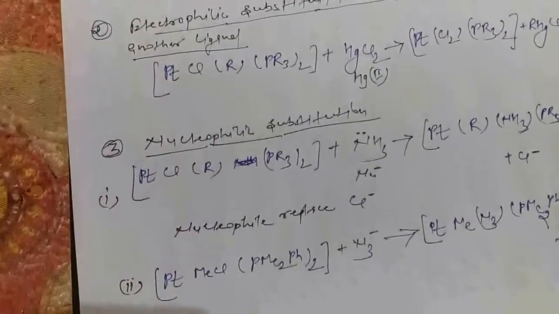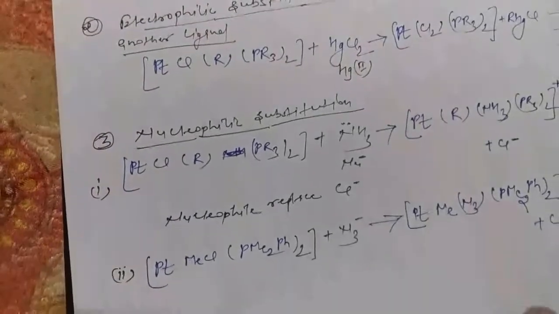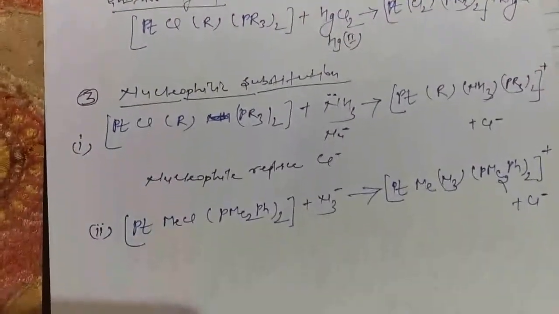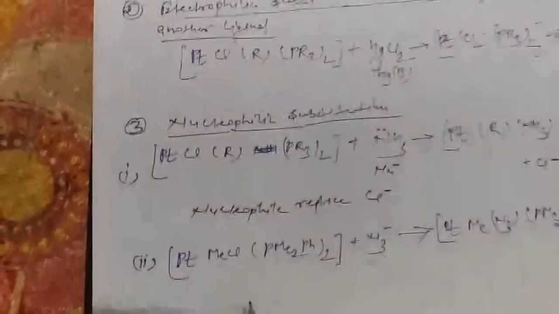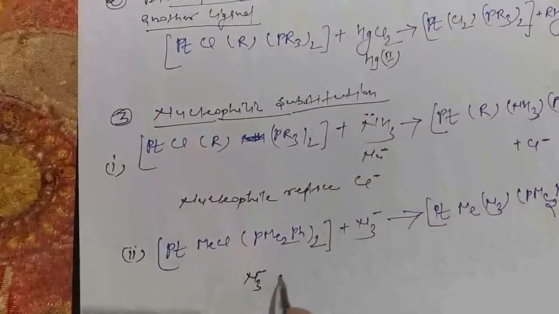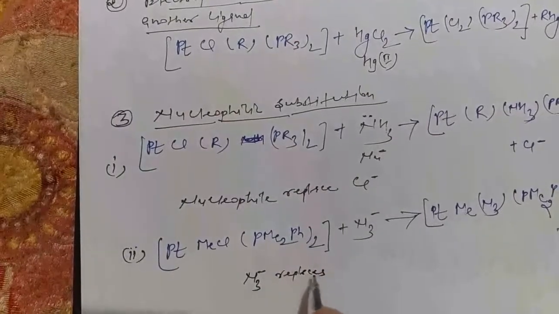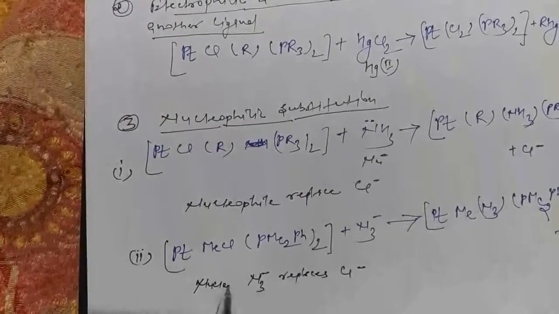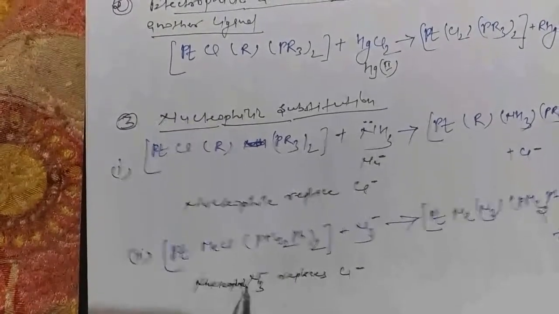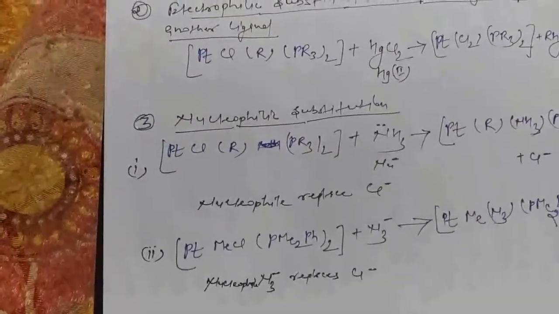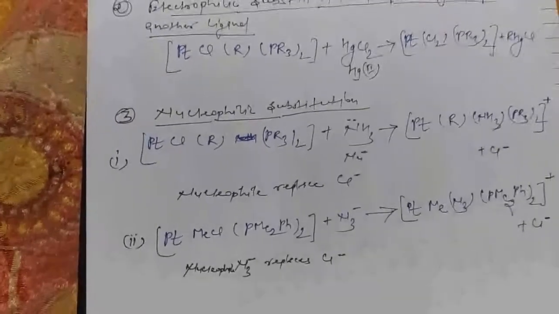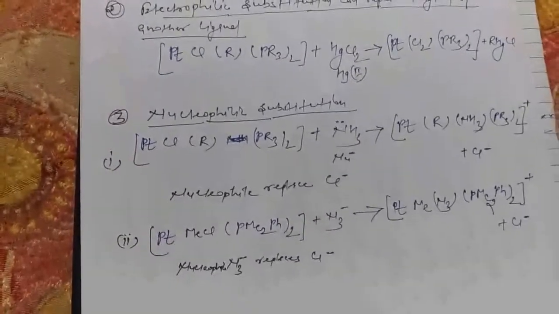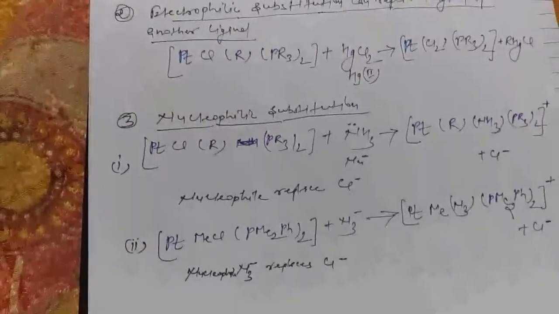So here this is your nucleophile, N3 negative replaces Cl negative. So these are some different ways to replace or substitute the ligands in square planar complexes.